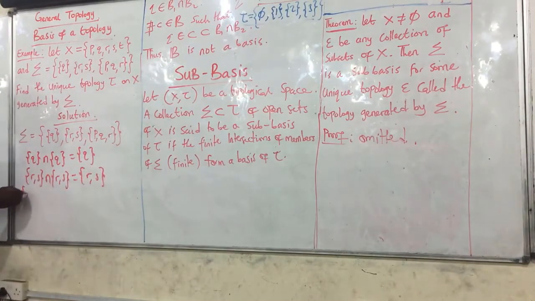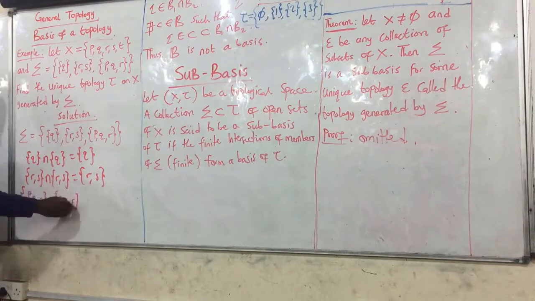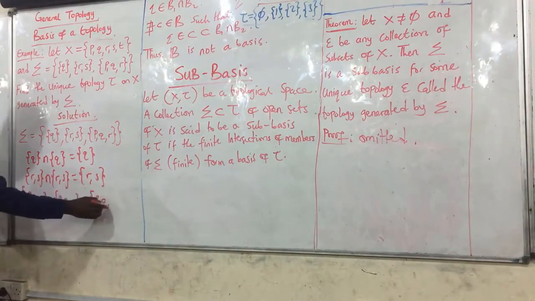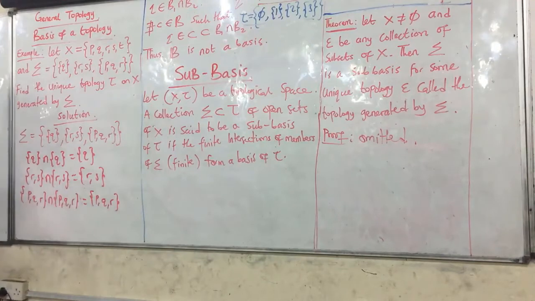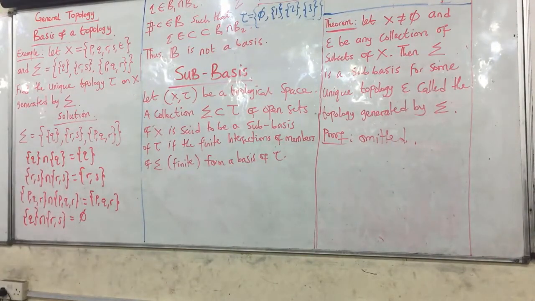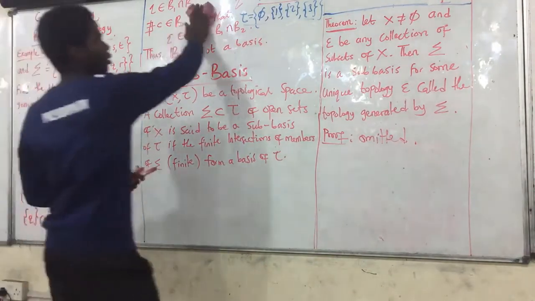You now do PQR intersection PQR. What do we have? It's the same PQR, right? Now you will do Q intersection RS. What's the answer? Empty.